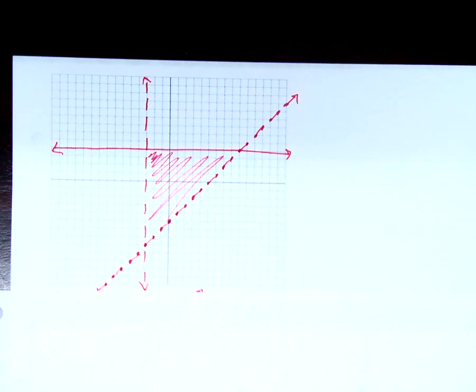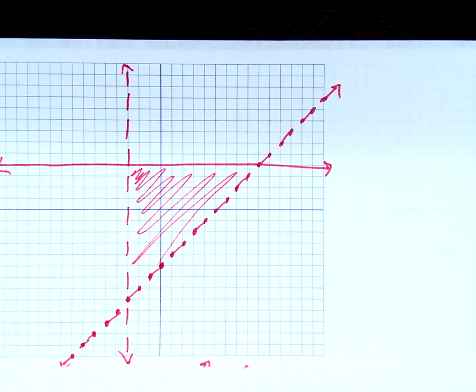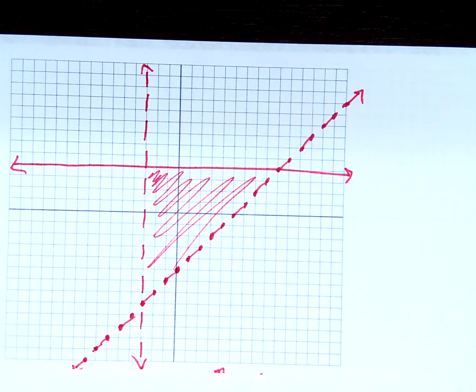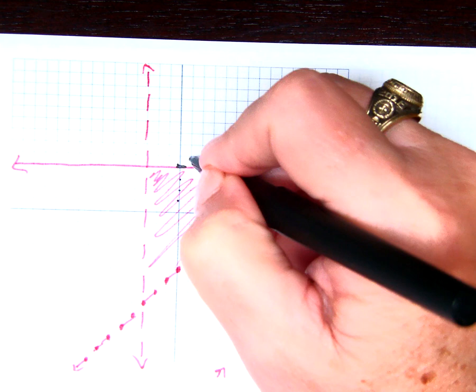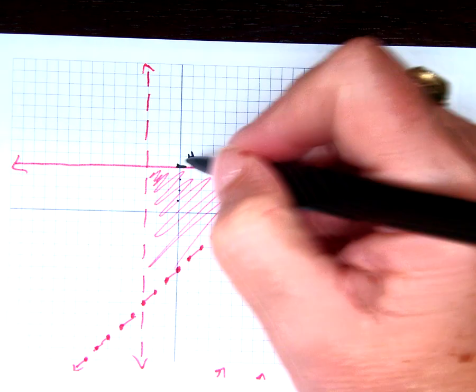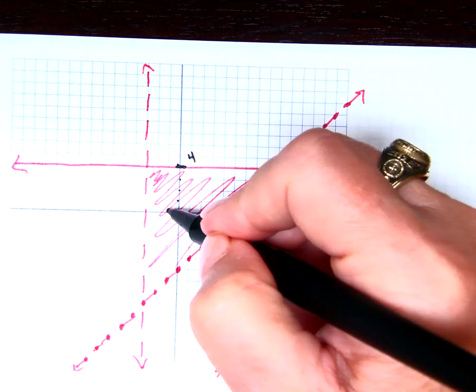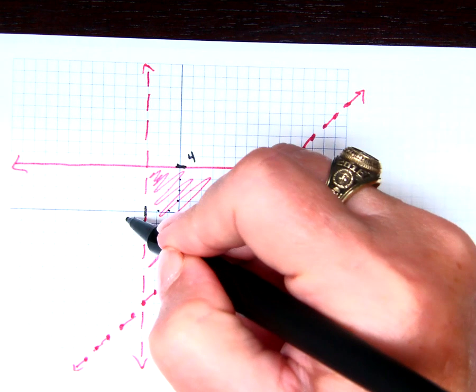So I'm going to zoom in a little bit so that you can see it very clearly, because I need you to transfer this to your graph. Now, I will tell you this. 1, 2, 3, that's a 4. That's at 4. That is negative 3.